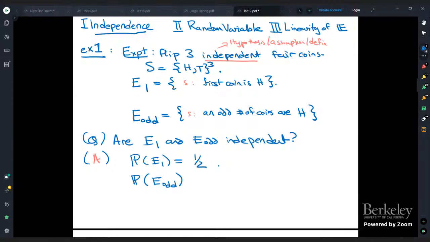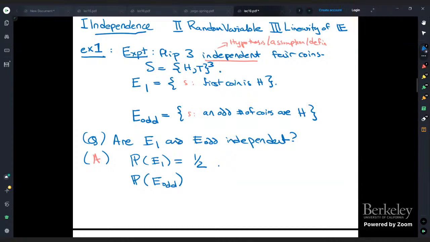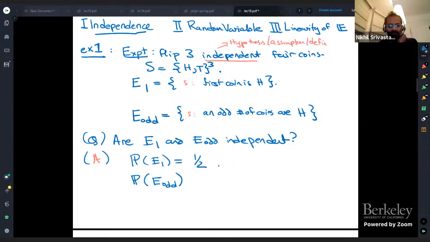Could we write out to see if it's independent? We could say set it equal to P of E odd given E1. Yeah, so we will eventually do that too, but first we have to know what P of E odd is, right? I'm just asking, to compute E odd, any thoughts on how to break this into simpler events?